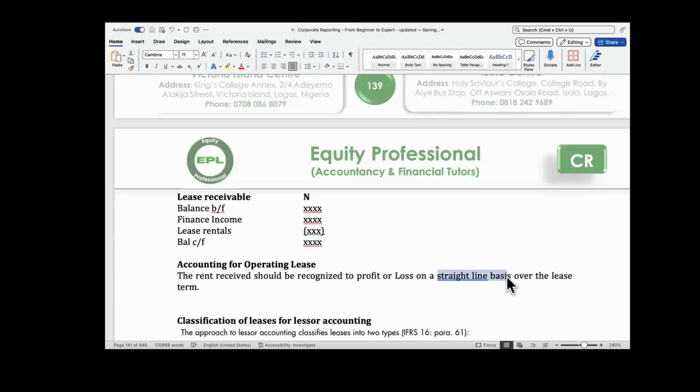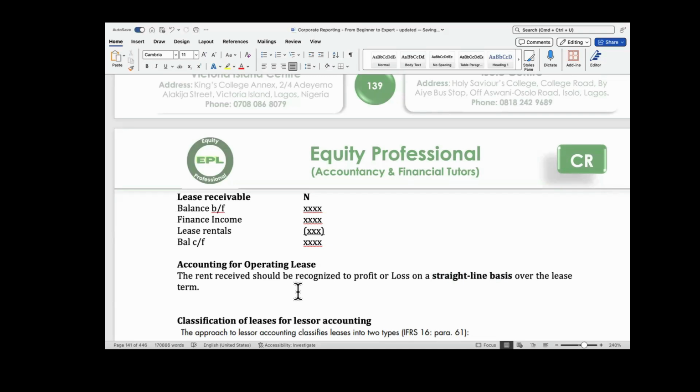And when we say straight line basis, we mean that it should recognize an equal amount of rent every year.